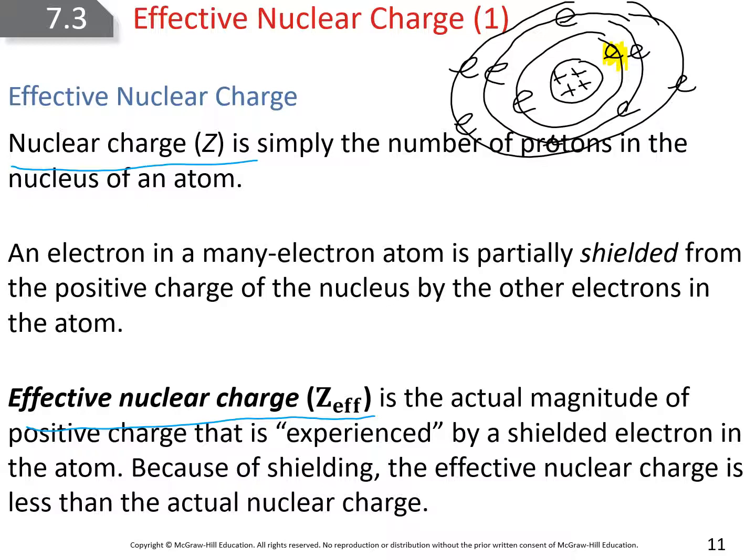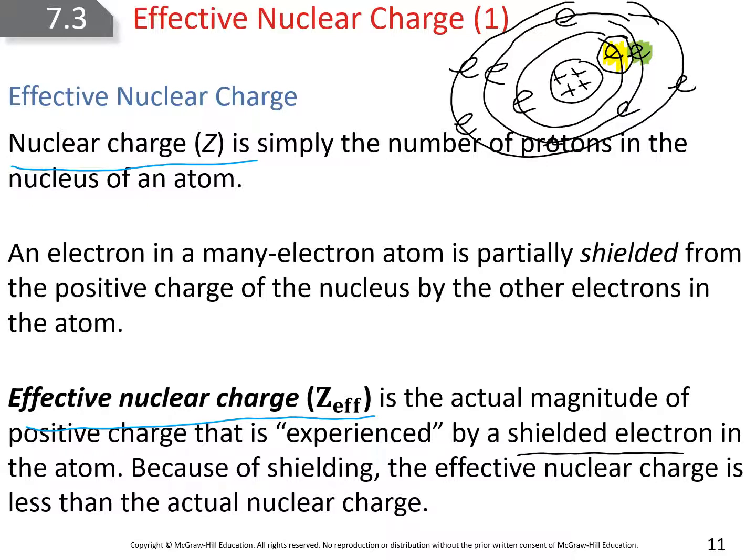However, this electron right here, the green electron, its pull towards the positively charged protons is shielded or kind of blocked by the yellow electron. This is the Z effect. What is the actual magnitude of the pull of the protons in the nucleus on an electron that is shielded?